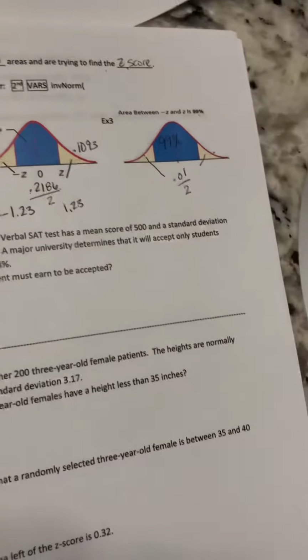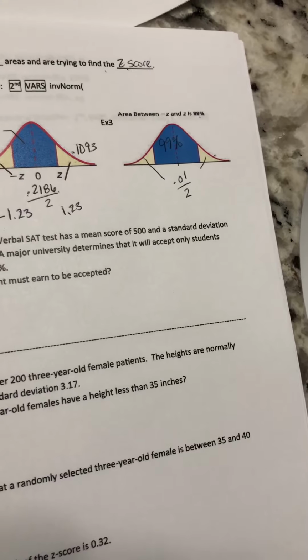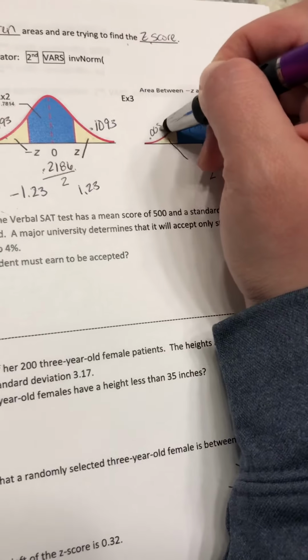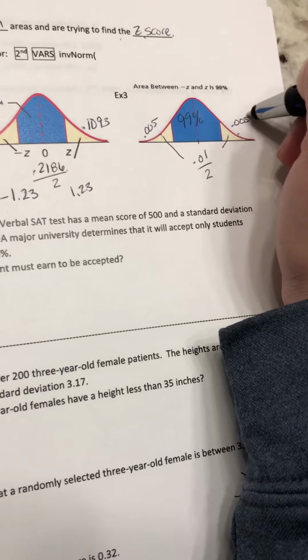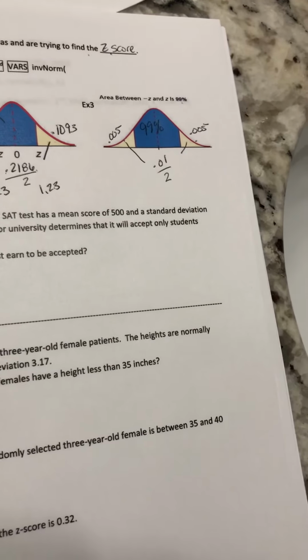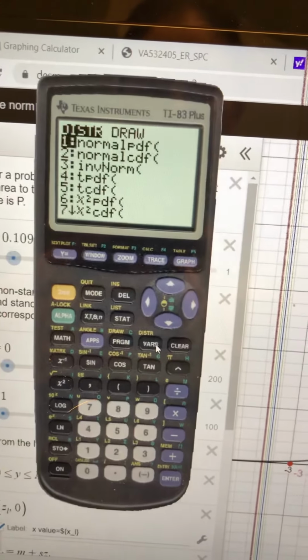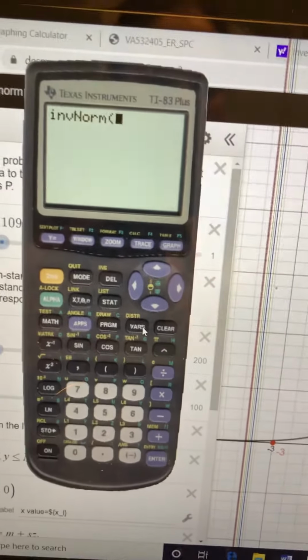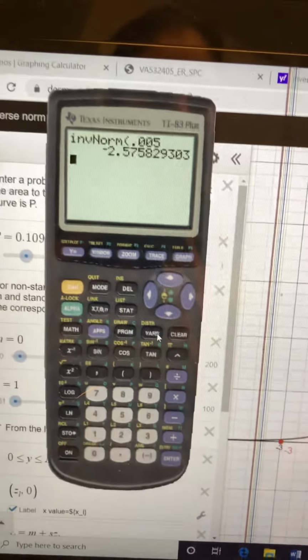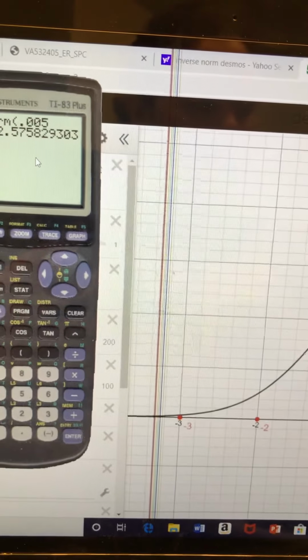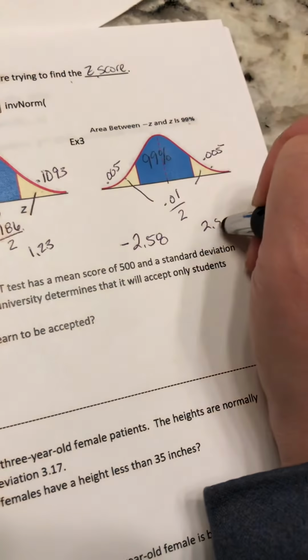So I should have 0.005 in each. Again, I can change that P on Desmos, or I can do second vars, inverse norm, and do 0.005, and I get negative 2.58. And then again, because it's symmetrical, I'd have the positive as well.